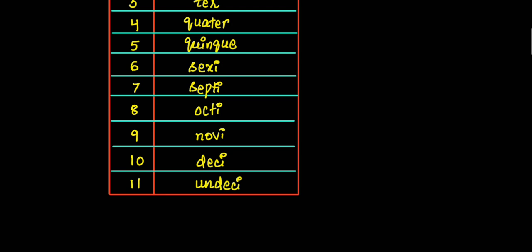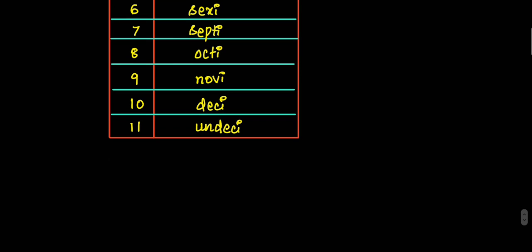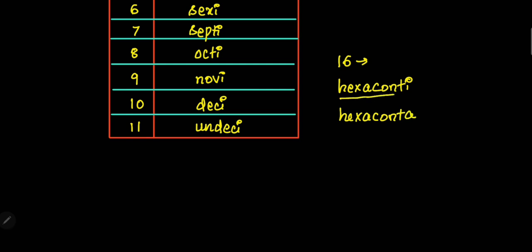It was undeka for 11, and undeci for 11 here. Suppose I give you 16, then we call it hexadeci. Similarly, for 60, in the basic prefix we used to call it hexaconta. Here we are calling it hexaconti. That is a difference. So what are these assemblies?